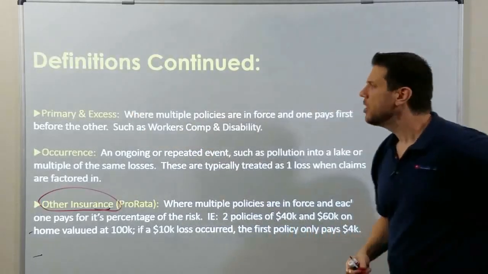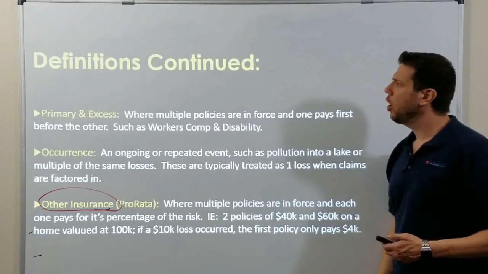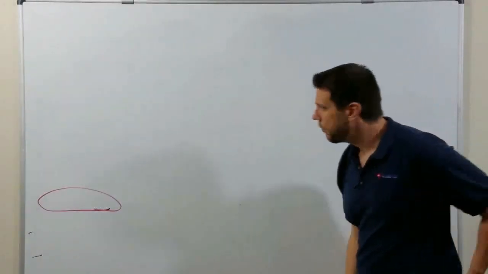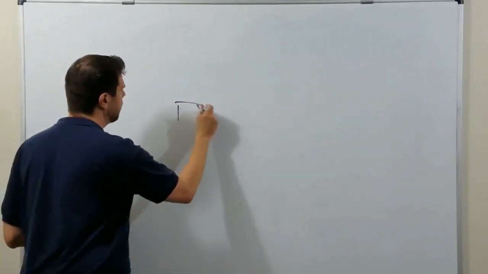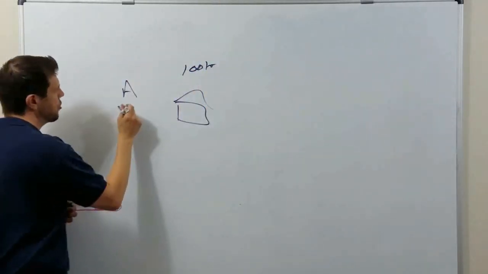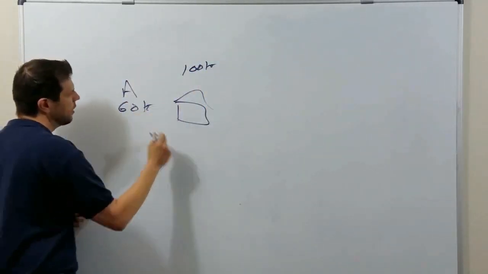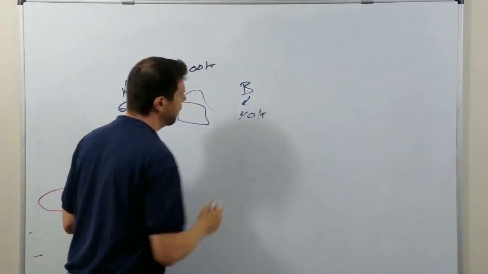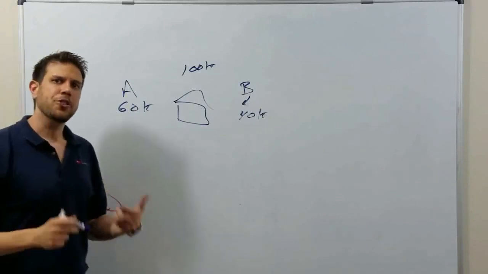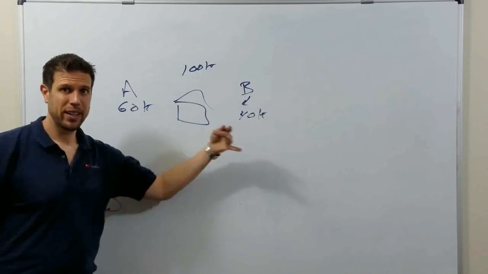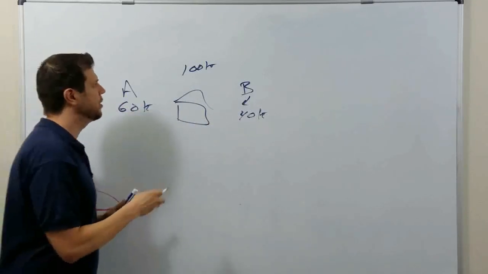So let's say I have homeowners insurance through 2 insurance companies. So let's say that the house is worth $100,000 total, and Company A insures it for $60,000. Company B insures it for $40,000. The other insurance clause doesn't do primary and excess. They share, known as pro rata.